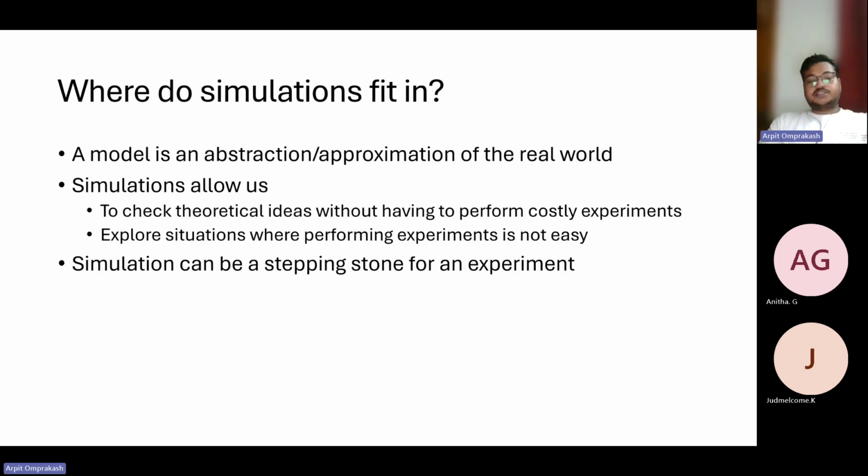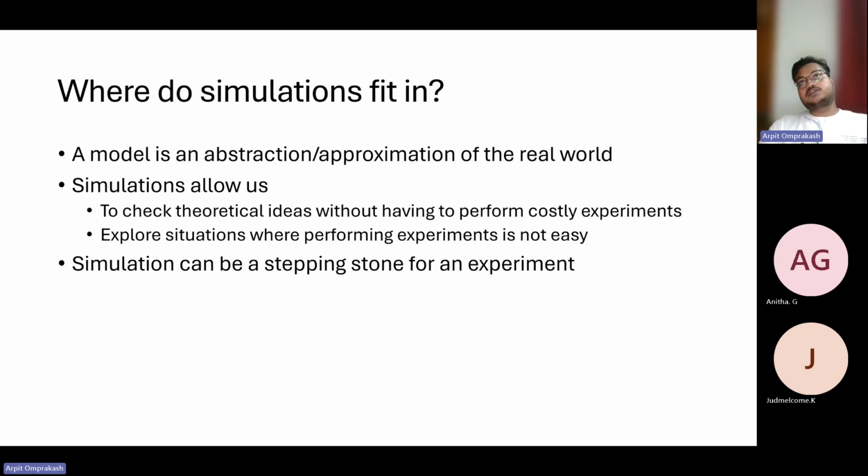Now, the next major idea in the discussion session was where do simulations fit in this? A simulation is like a bridge between theory and experiment. What we do in simulation is modeling. A model is in general an abstraction or an approximation of the real world.